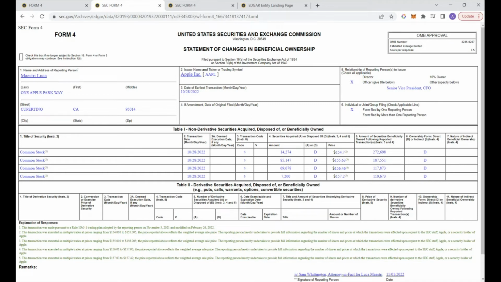They sold 14,274, 85,000, 69,000, and 7,200 shares, all on the same day. And it also tells you the price that he sold those shares at. So the S transaction code is when they sell shares. And that's probably the most common one that you will see when you're looking through and analyzing these Form 4s from the SEC.